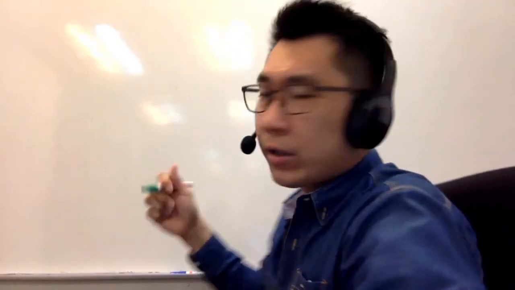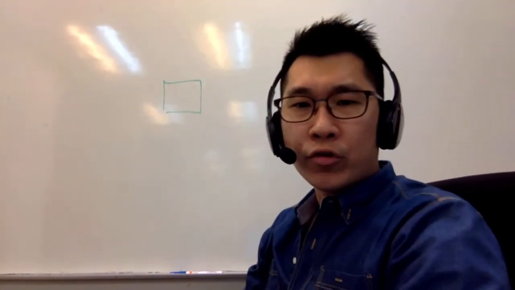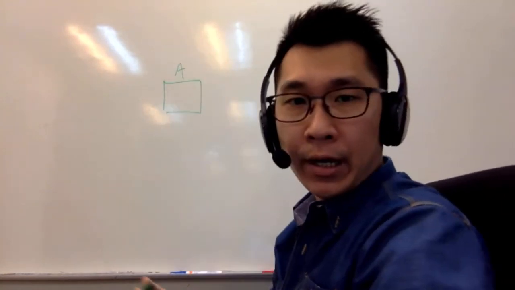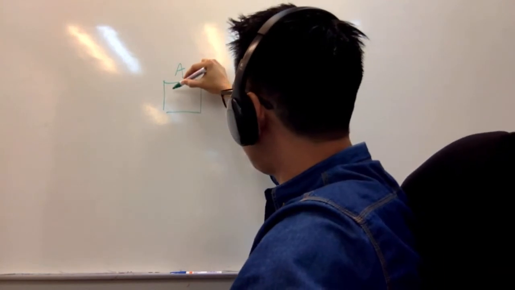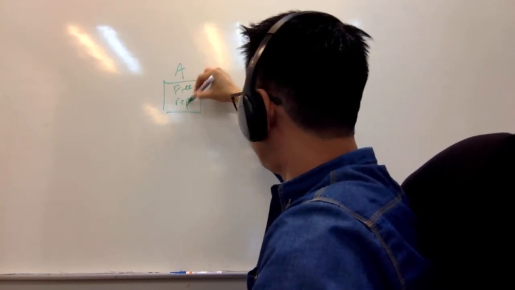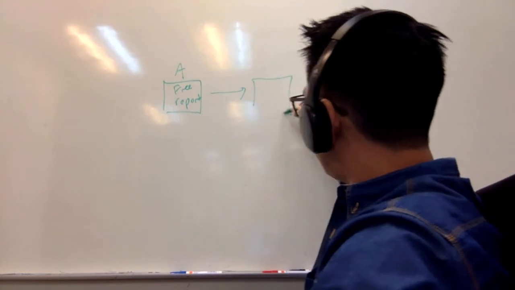Let me just draw it out so that it's easier for me to explain what I'm saying here. Okay. So you launch a campaign where you drive the parents to here, page A. At page A, they request for something for free, for instance. Let's say free report. Something that you can digitalize so that there's no cost. They go here, they go to the thank you page.